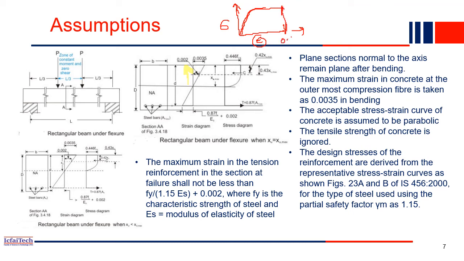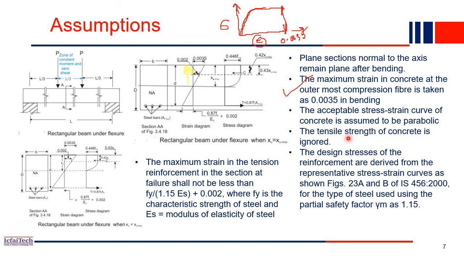So this value will be 0.0035. So that is as per this assumption that maximum compressive strain will be 0.0035. That's why in the strain diagram also, the maximum compressive strain at the top is 0.0035. So this is one of our assumptions.